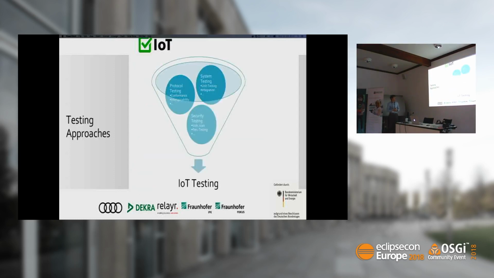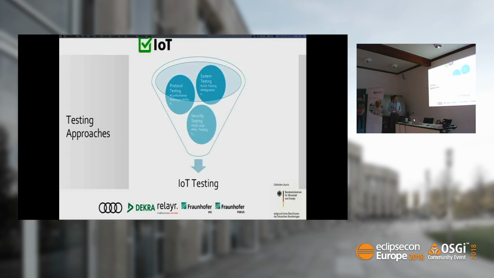What we started with in IoT-Testware are the three main bubbles you can see here. We started with protocol testing: conformance testing first, then interoperability testing, and then performance testing. Then, of course, we are looking at system testing, unit testing, integration, and so on.